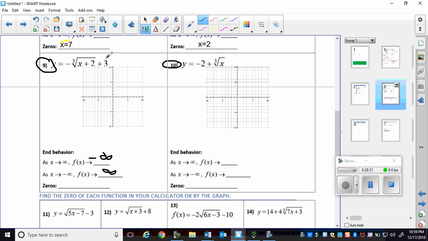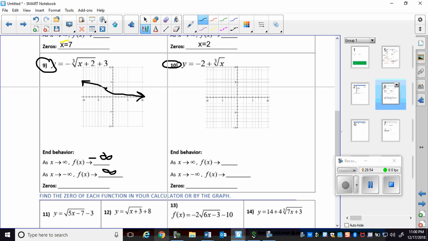And for the zeros, I'm just going to go ahead and graph it. So I move left 2, up 3. So left 2, up 1, 2, 3. All right, and graph a point. And my curve looks something like this. Looks something like that. All right.